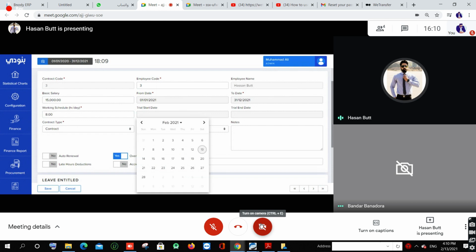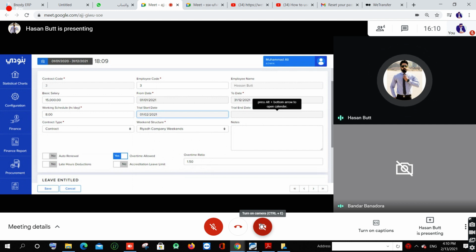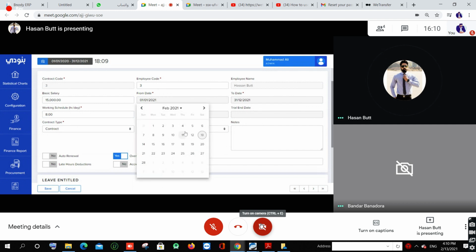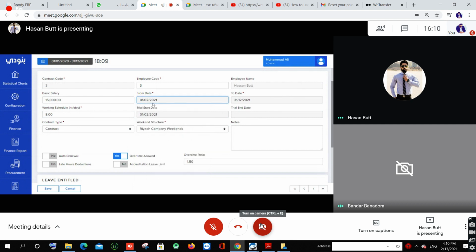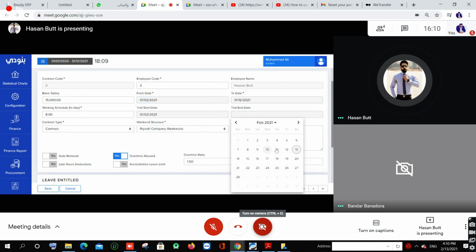And this is the trial start date. It means that some companies hire their employees on a trial. For example, a 20 days trial, a 1 week trial, or a 30 days trial. Let's have an example: he joined from the 1st of February, and the trial end date is the 10th of February.